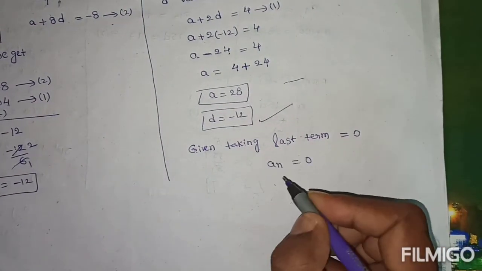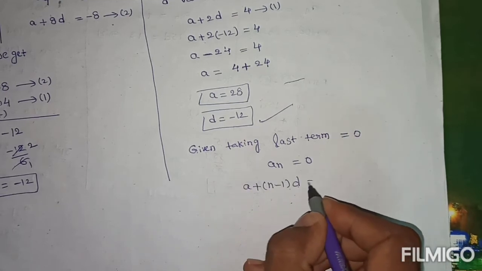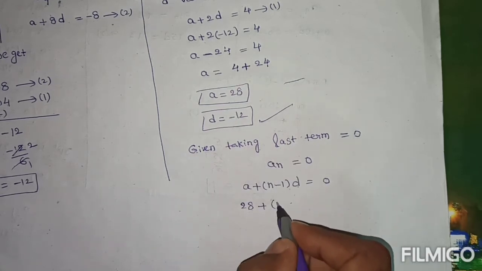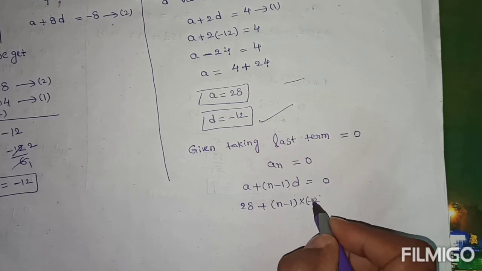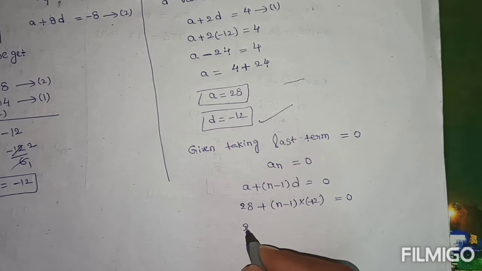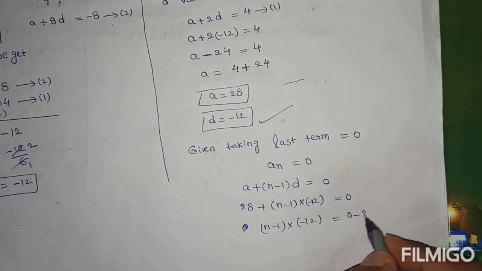So what is the value of AN? A plus n minus 1 into D is equal to 0. So A value 28 plus n minus 1 into D value minus 12 is equal to 0. So 28 is transposing to the right side. N minus 1 into minus 12 is equal to 0 minus 28.